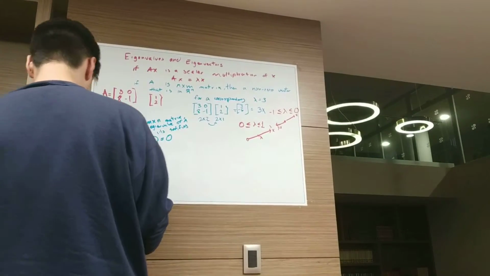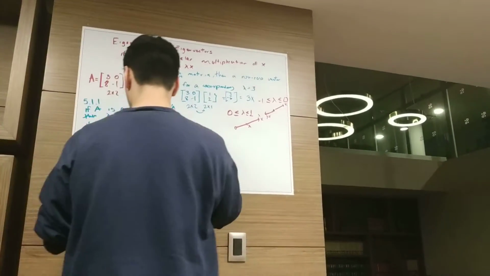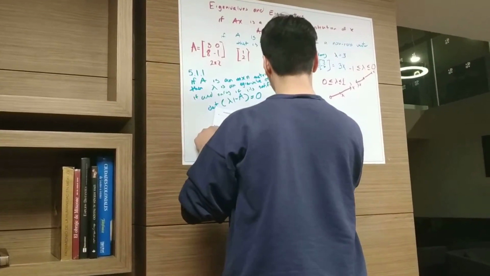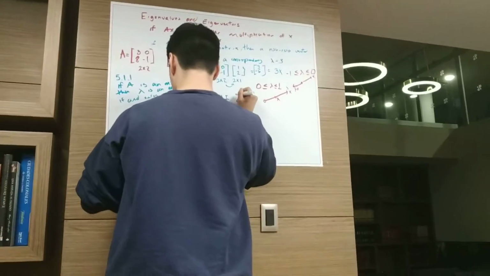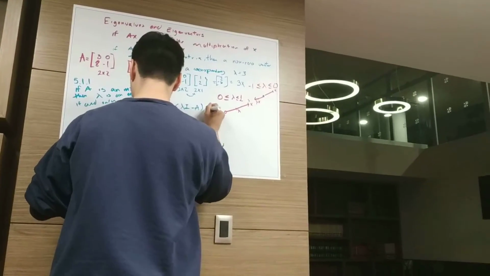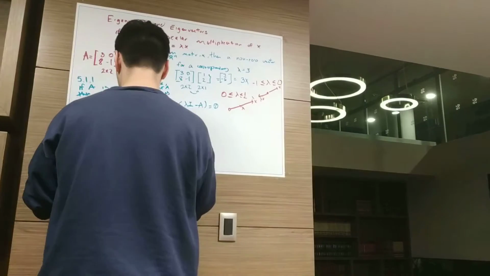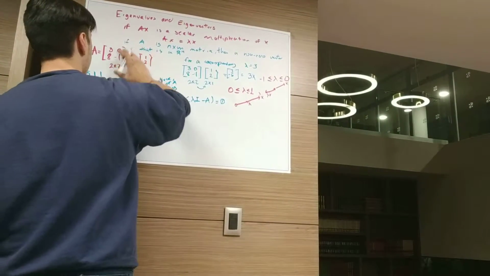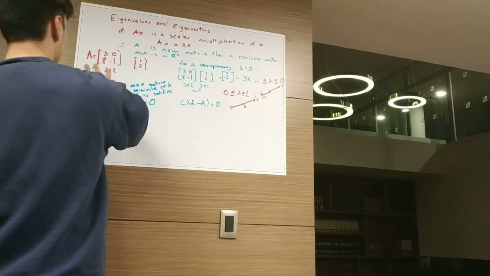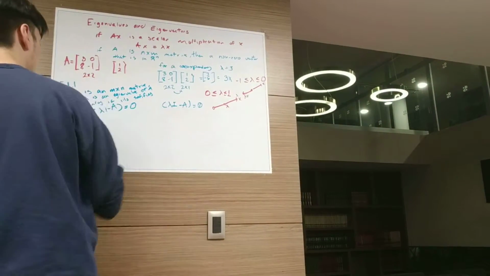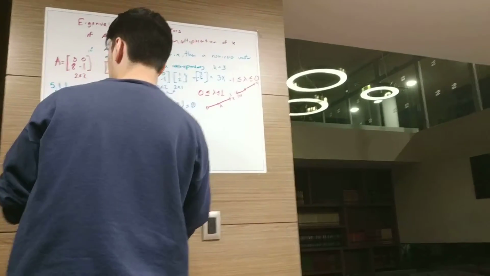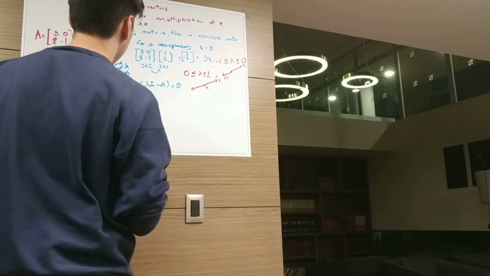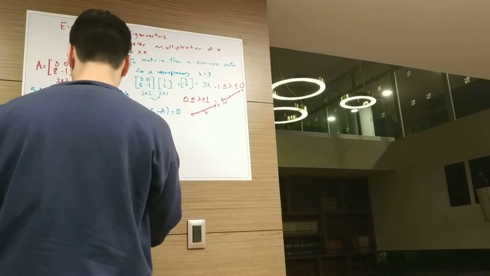So let's explain this. If we use this equation, the determinant of lambda times I minus A needs to be equal to 0. In our last example, the matrix A is equal to this, so we're going to use it, and we need to substitute the values with the corresponding lambda.